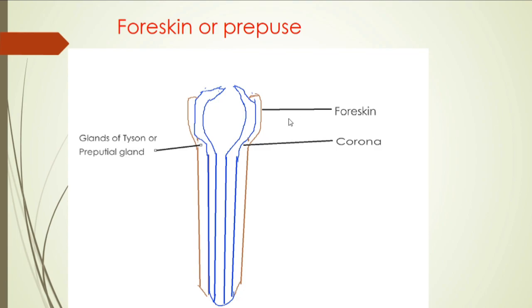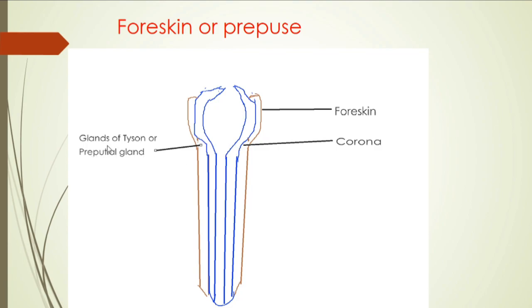Okay, then we can see below the region of this foreskin, this is the region called the corona. Corona is not related with the coronavirus, don't get confused. In biology, the word corona is related with a crown-like structure, and hence this region is called the corona. In this region of the corona, the preputial glands are found.